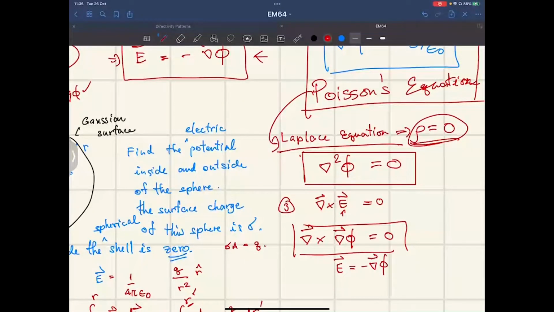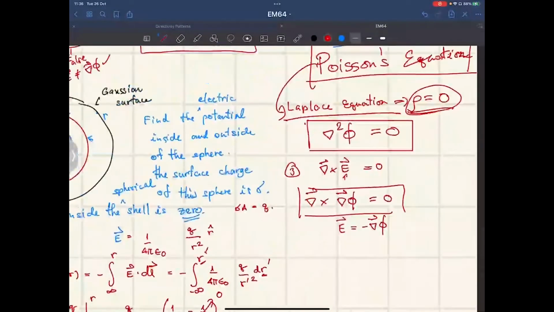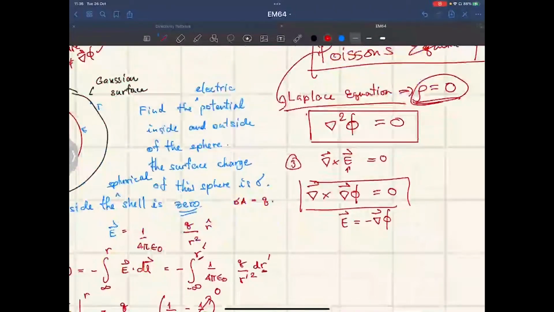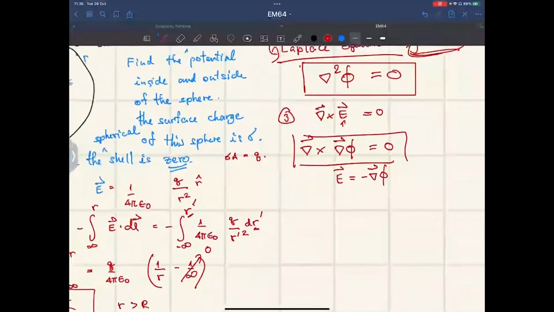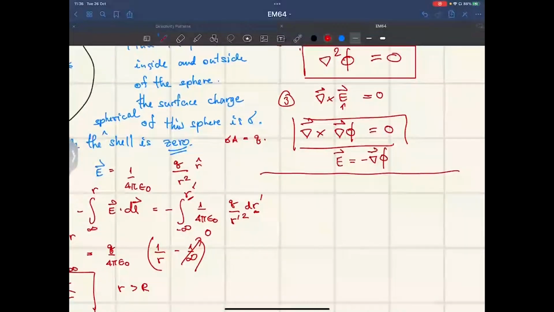Okay. Now, so far we have finished this electric field here, and now we have to end this topic with the potential. So far we have studied the electric potential for a single charge, a point charge.